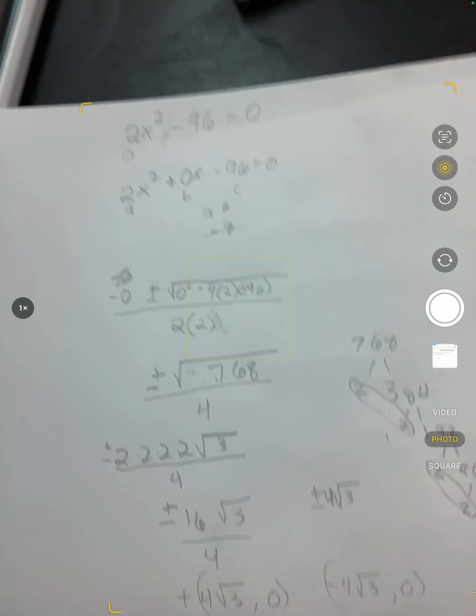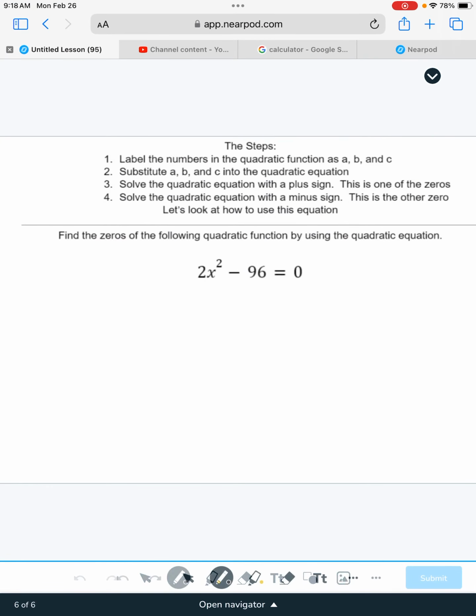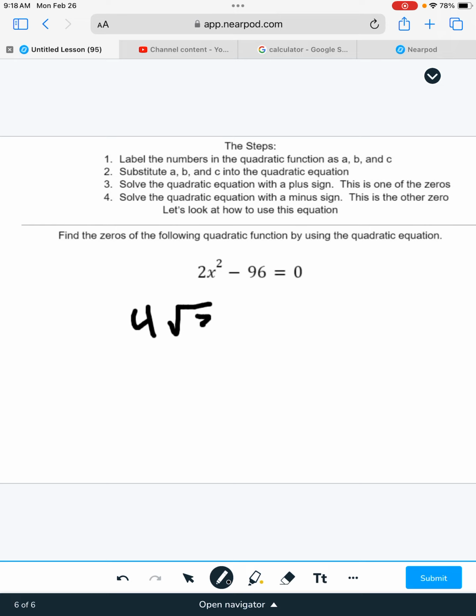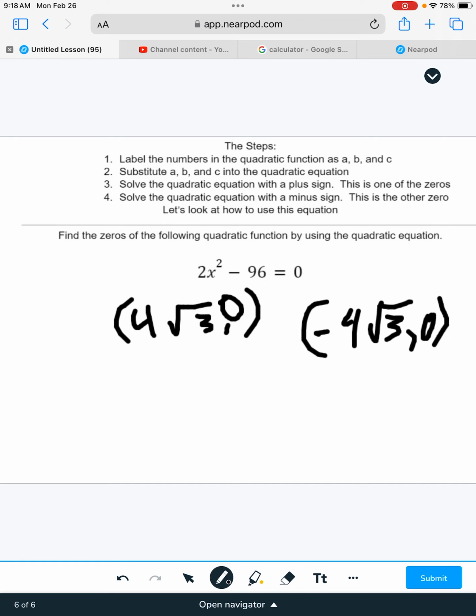And that is going to be my zeros on this. It would actually be what I would want to write as well: 4 times the square root of 3, 0, and negative 4 times the square root of 3, 0 as my other 0.